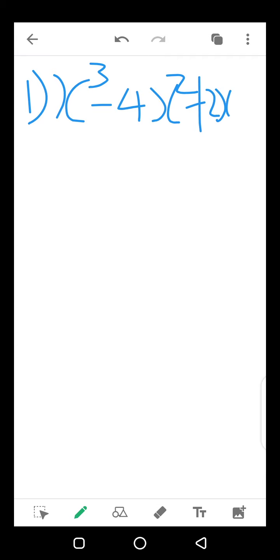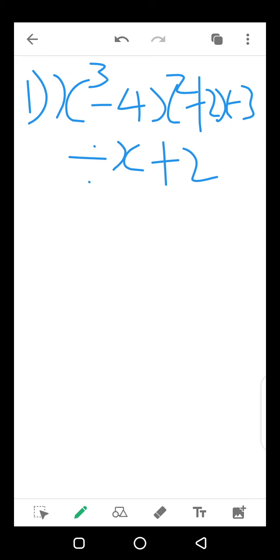Now, assuming we have x raised to power 3 minus 4x raised to power 2 plus 2x minus 3, then divided by x plus 2.